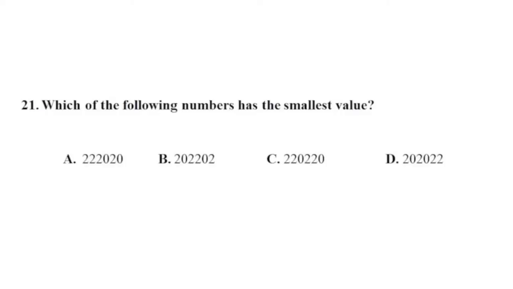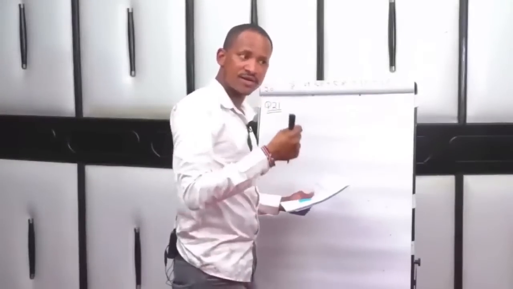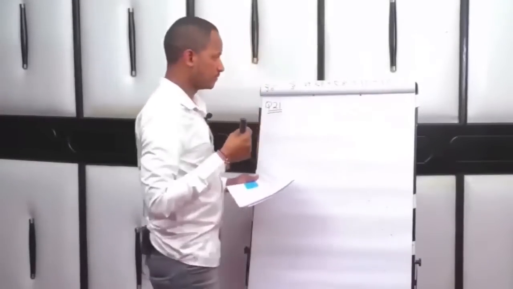So, create a column for these numbers. In terms of the value of numbers, we have ones, tens, hundreds, thousands, tens of thousands, hundreds of thousands, then millions.